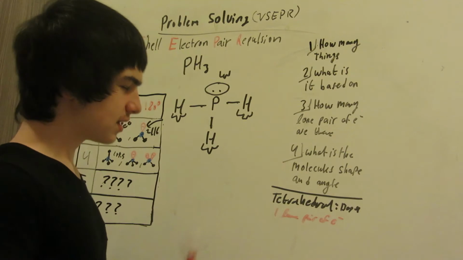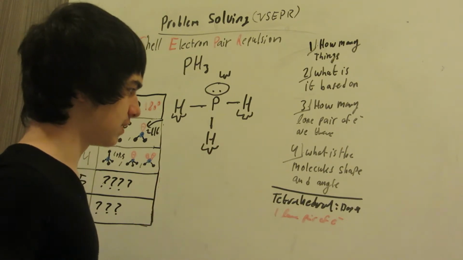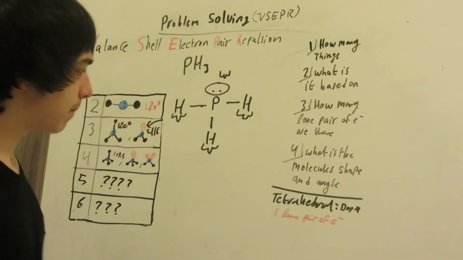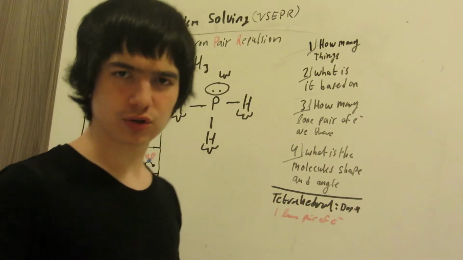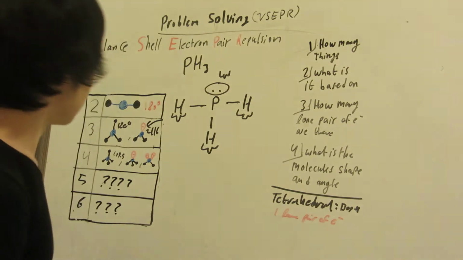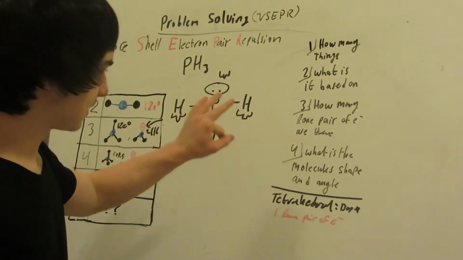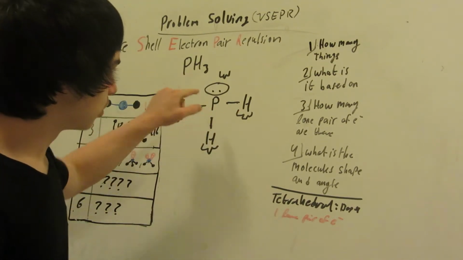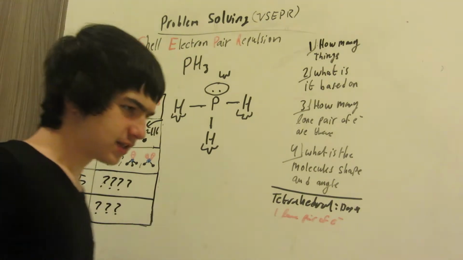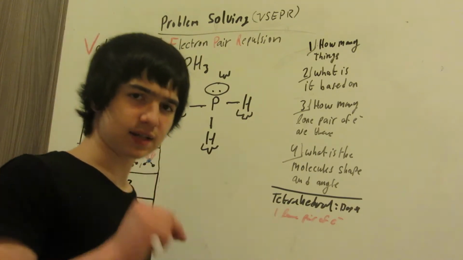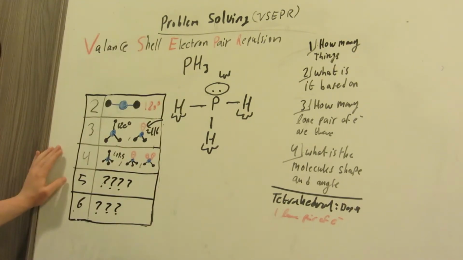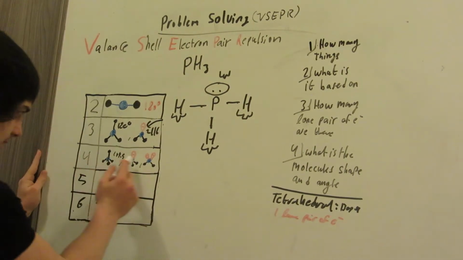Alright, last question. What is the molecule's shape and angle? So we know what it is based on, but what is the actual shape? In order to know the actual shape, we need to look at it again. We have 1, 2, 3 atoms and 1 lone pair of electrons. First things first, that would be a family of 4 because we have 4 things. Second of all, we go to the chart and we look at the shapes.